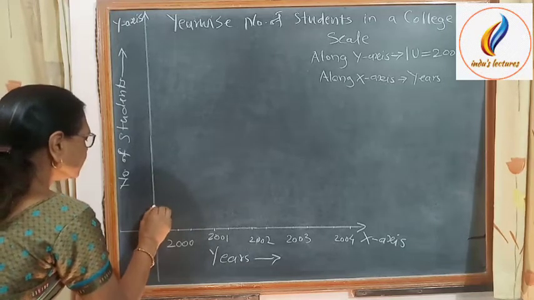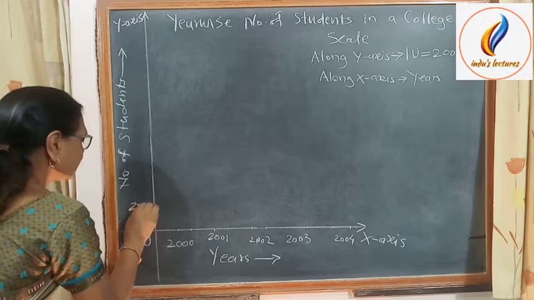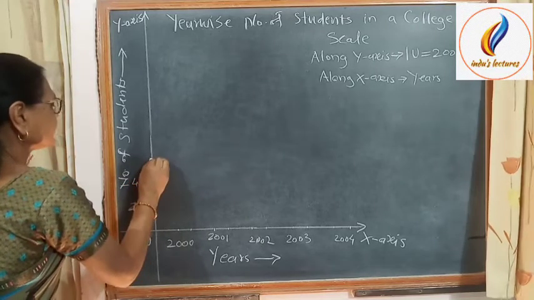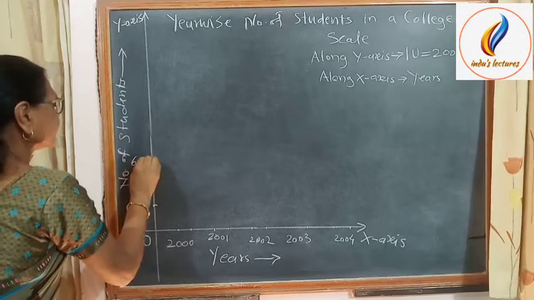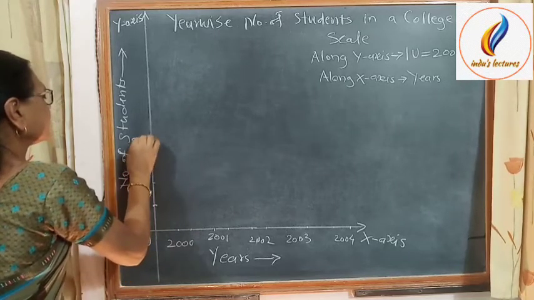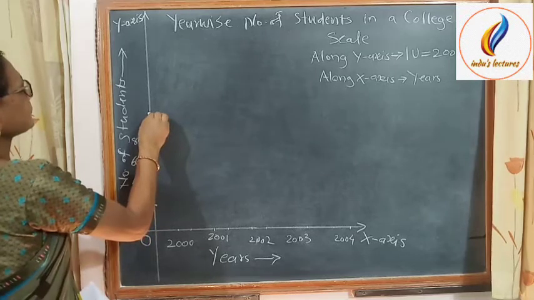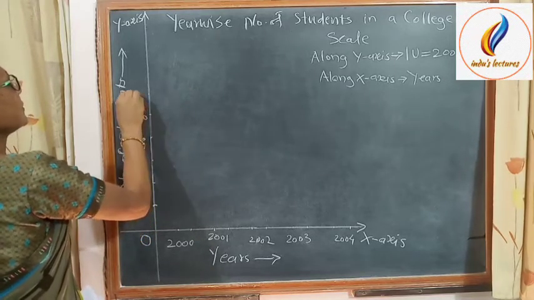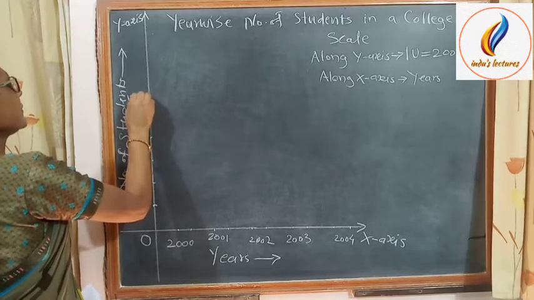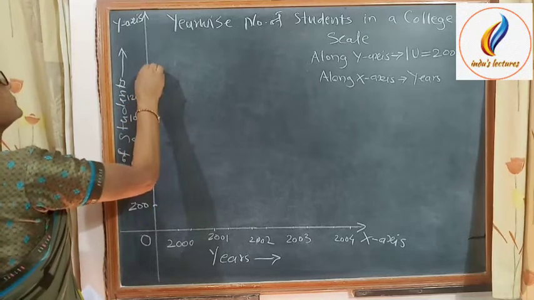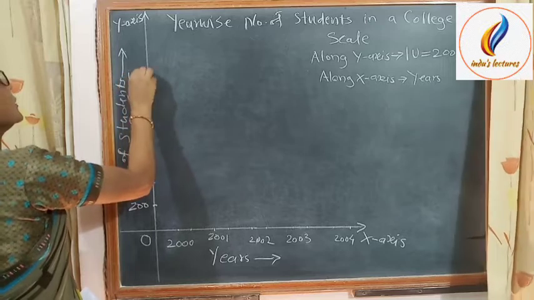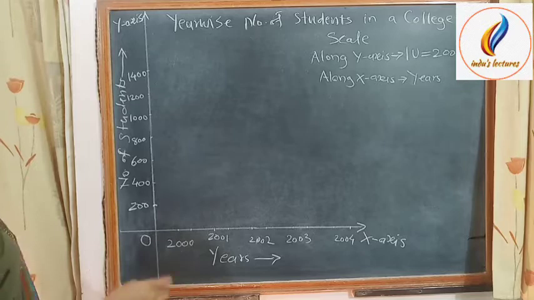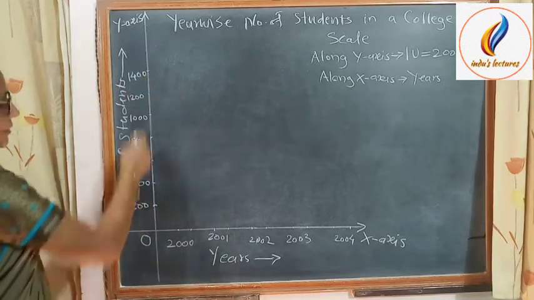This is 200, then 400, 600, 800, then 1000, then 1200, then 1400. Now the maximum strength of students is 1400, so we can write up to 1400.